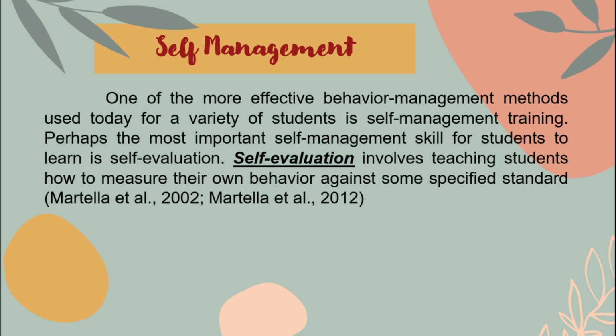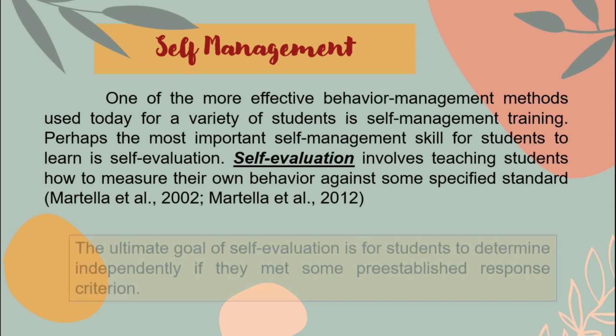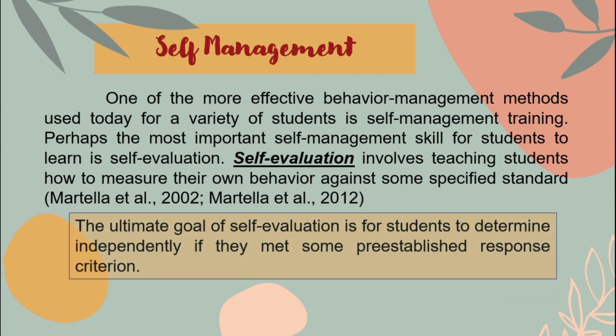Teachers can show students how to self-evaluate by modeling the procedure and by providing accurate feedback based on students' performance. Now, the ultimate goal of self-evaluation is for students to determine independently if they met some pre-established response criterion.